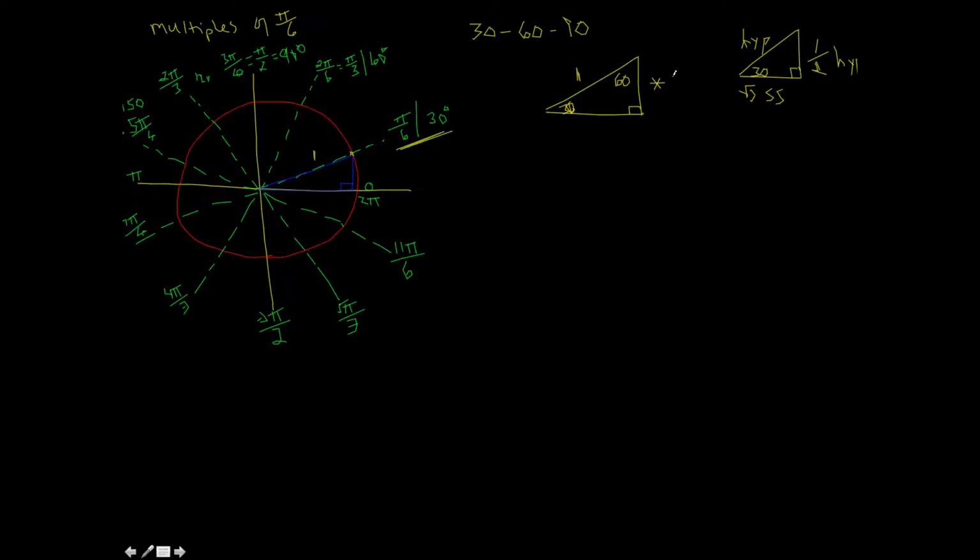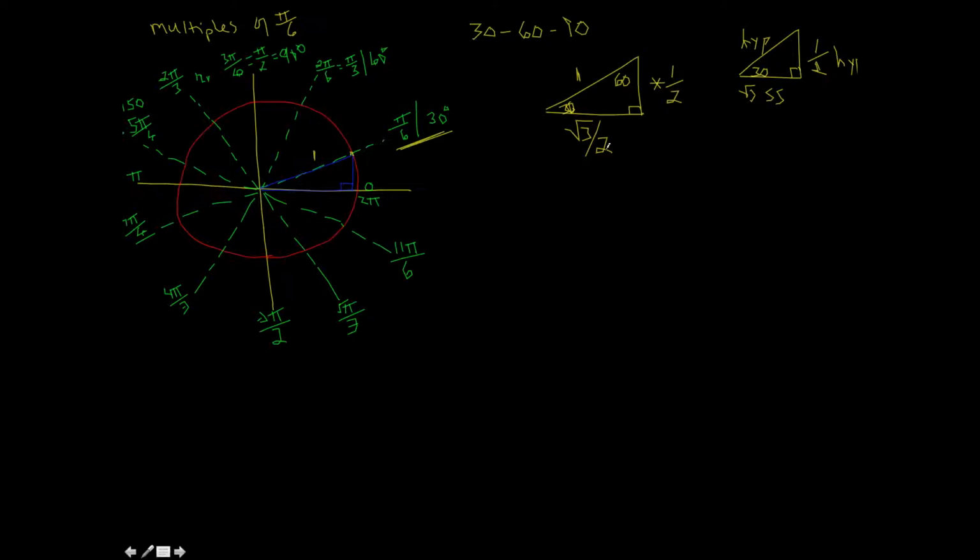The short side has to be 1/2 times the hypotenuse. Well, what does the long side have to be? Well, it's square root of 3 times the short side. So that's the square root of 3 over 2.